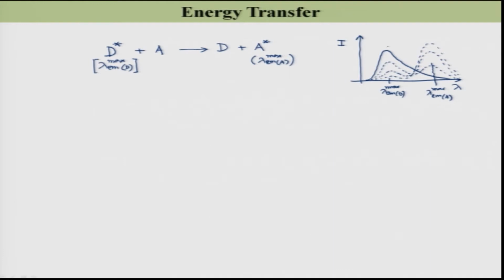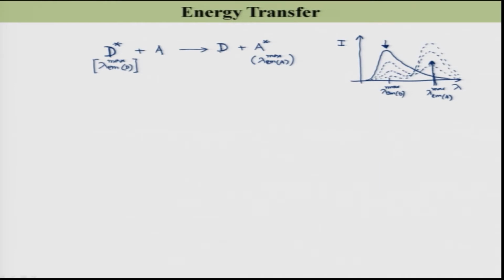Now, if you look at this wavelength, you will see that fluorescence is quenching, but at this particular wavelength the fluorescence is actually increasing also. So, this is a special type of thing. Just looking at it, I can simply tell that the energy from D star is getting transferred to A, so that as a result D is getting deactivated.